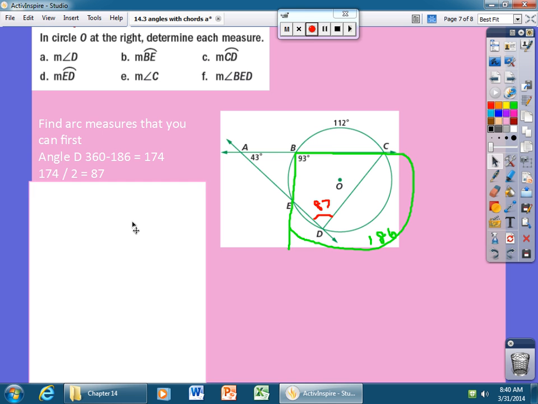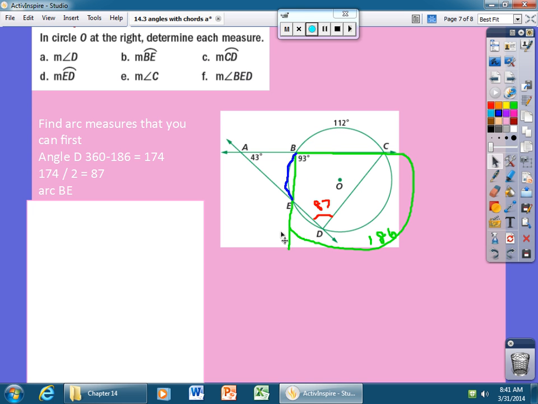Now they want me to find the measure of arc BE. So let's take a look and see where BE is. BE is this arc right here. Now there's a little bit I can figure out, and that's one of the reasons I had you write the whole arc measure, because this is the only piece of the arc that we don't know.